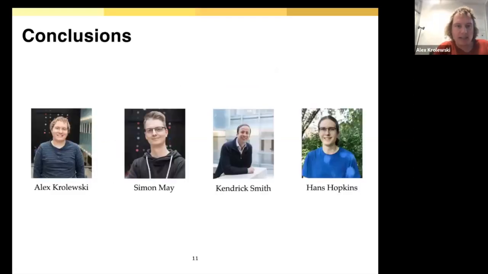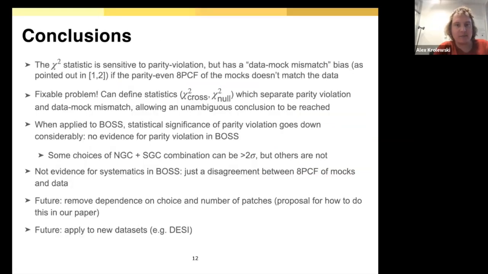So with that, I would just like to leave up our conclusions. To sum up, the chi-squared statistic previously used is sensitive to parity violation, but it also has a bias if the parity-even 8-point correlation function of the mocks doesn't match that of the data. So we devised and measured new statistics which can separate this parity violation and data mock mismatch explanations and allow an unambiguous conclusion to be reached.